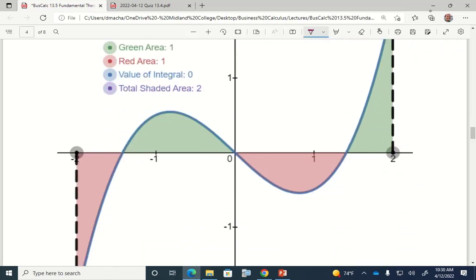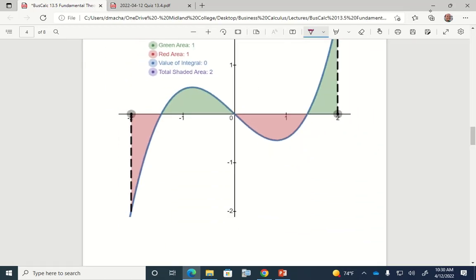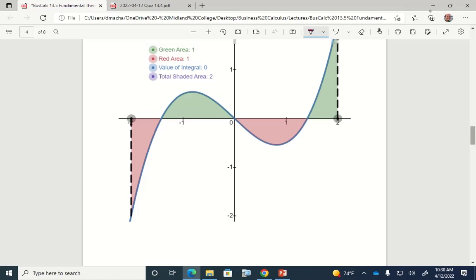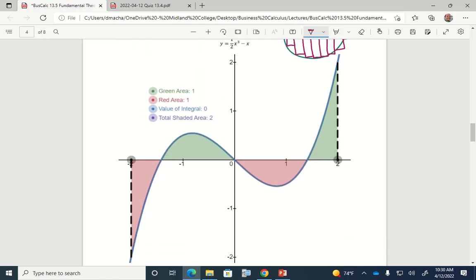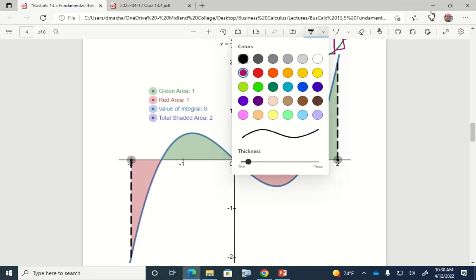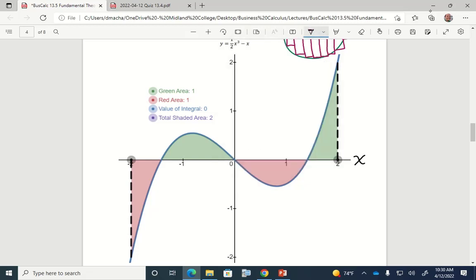Well, in our case, you might mark on your notes which areas are red and green because it printed in black and white whenever I printed your notes today. But basically, in this curve, 1/2 x cubed minus x, the area in green, which lies above the x-axis, is going to count positively. And that area in green is actually an area of 1.